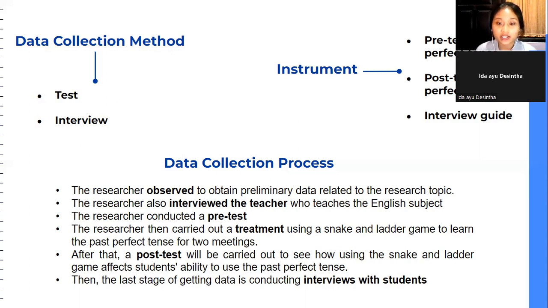The researcher then will carry out a treatment using a snake and ladder game to learn the past perfect tense for 2 meetings. After that, a post-test will be carried out to see how using the snake and ladder game affects the students' ability to use the past perfect tense. Then, the last stage of getting data is conducting interviews with the students.